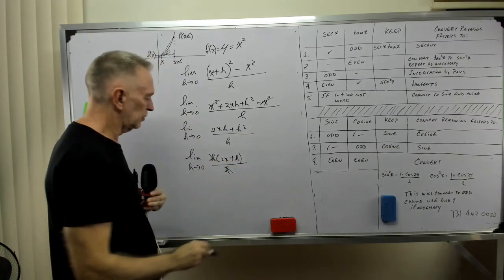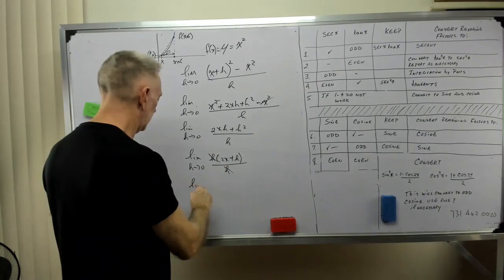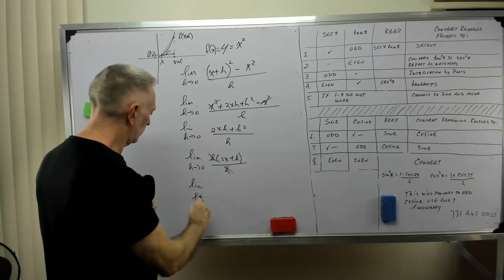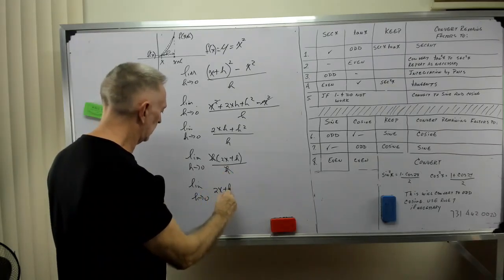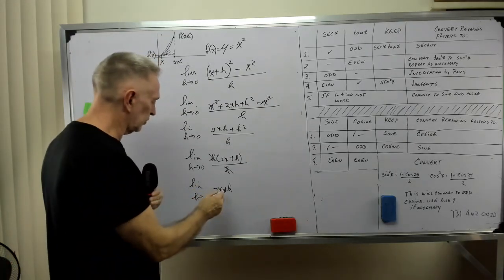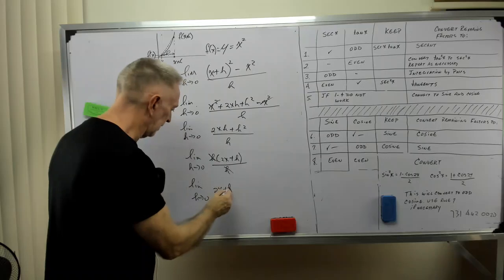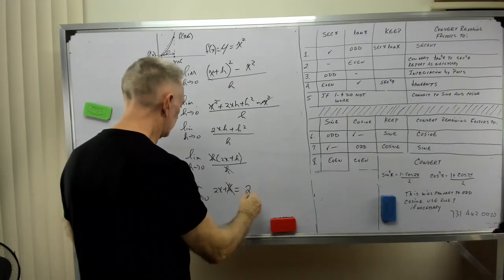H divided by h is 1, so those cancel out. So now I have the limit as h approaches 0. What do I have left? 2x plus h. Okay, as h approaches 0, now I can let it be 0. Well, that just wipes out, so that equals 2x.